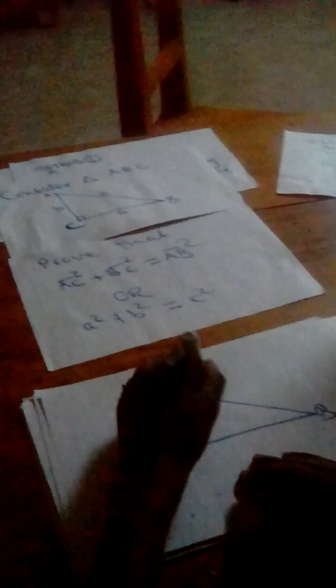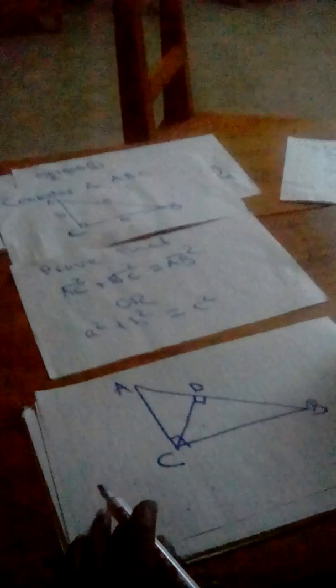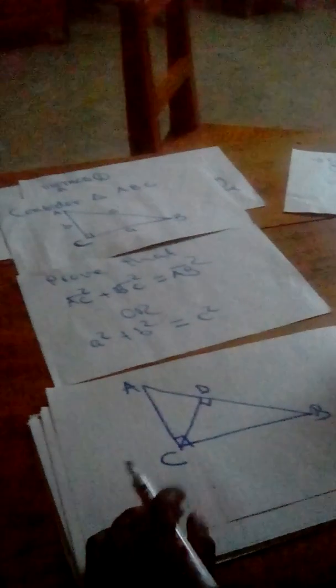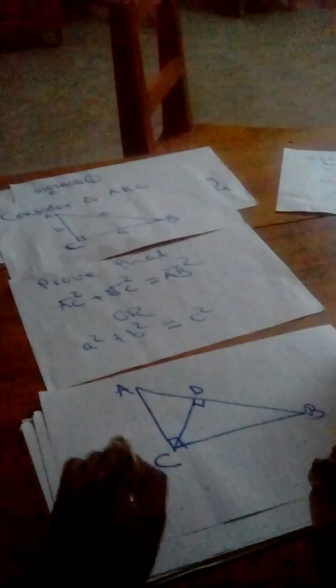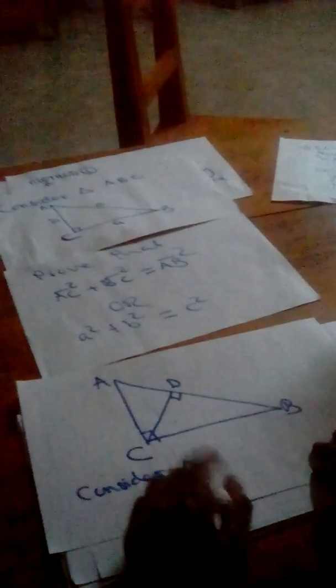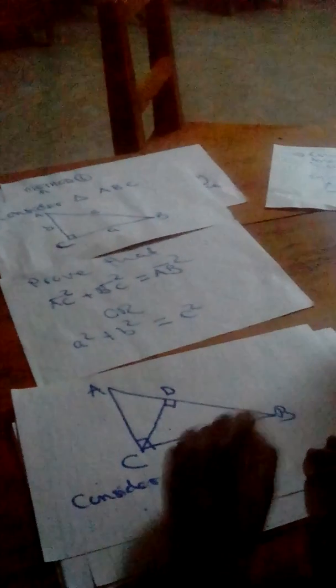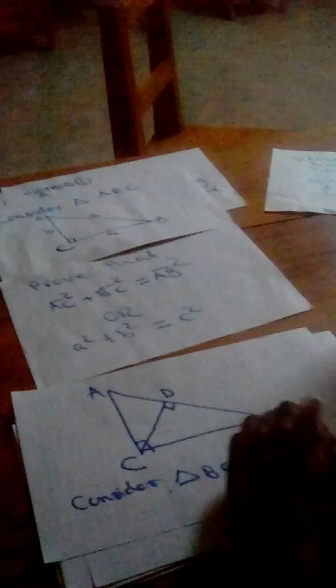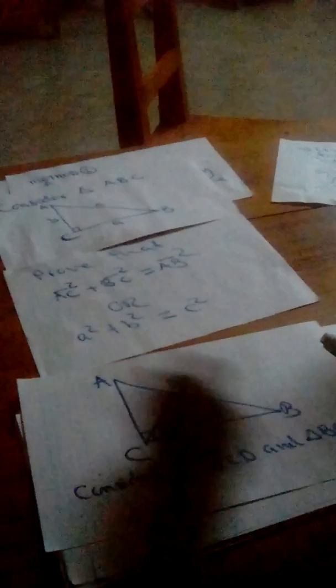And then here you will construct a line which is perpendicular to this line, and this point you may call D. So consider triangle BCD and triangle BCA. You consider this small triangle here and this big triangle.